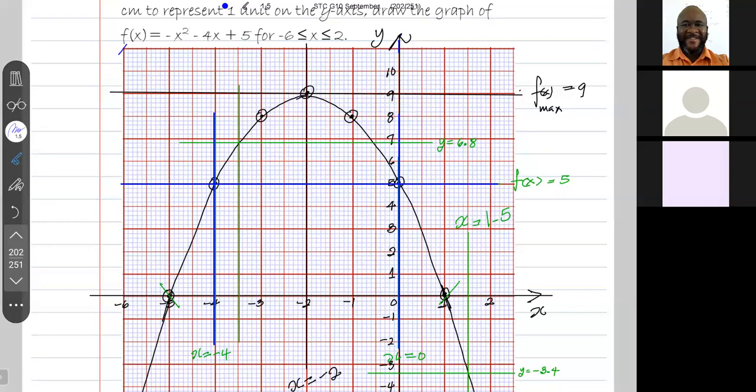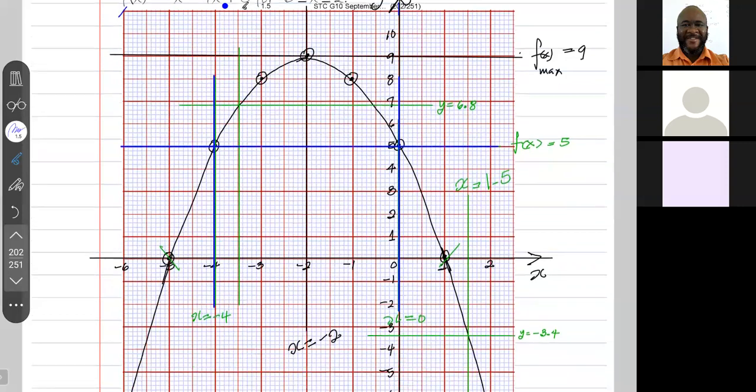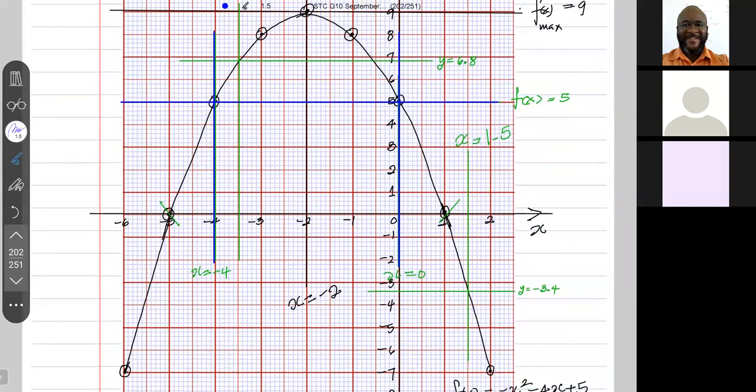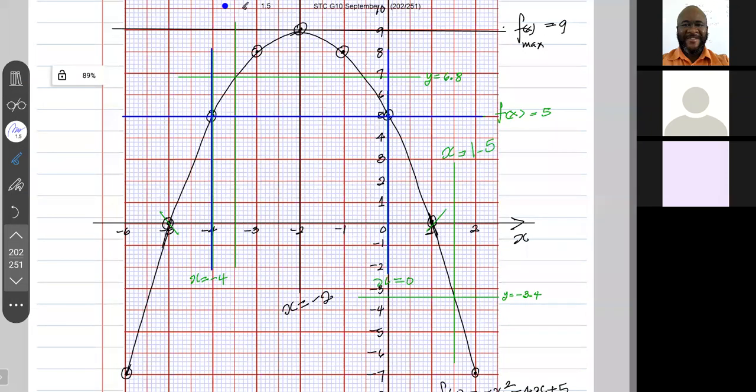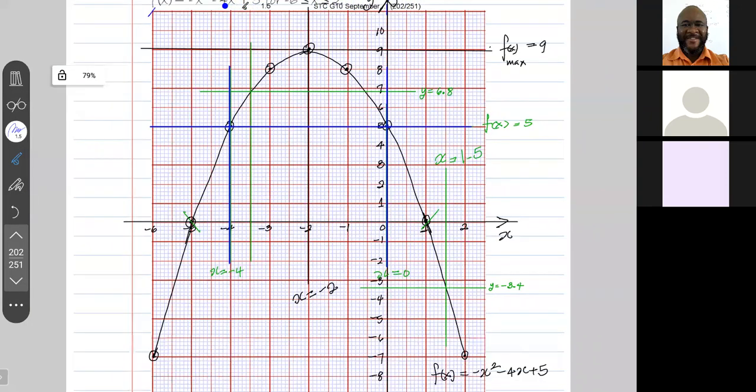Your graph exists in 3 regions of the graph sheet. Above this line, f of x is greater than 5. Below this line, f of x is less than 5. I'm interested in the region of the graph where f of x is less than 5.